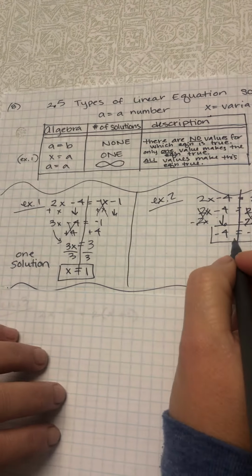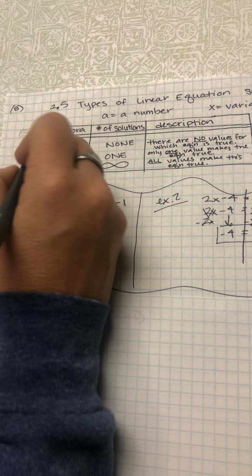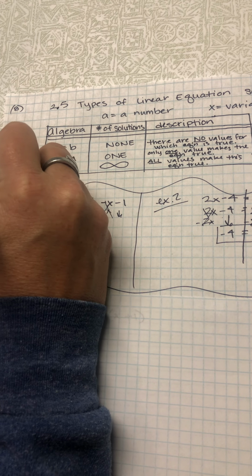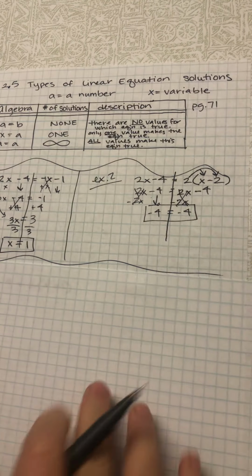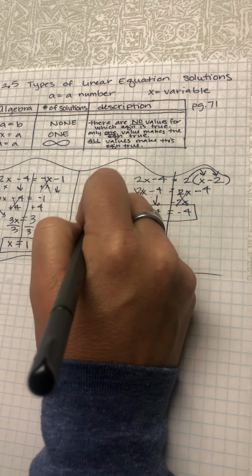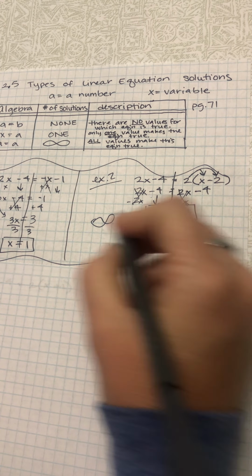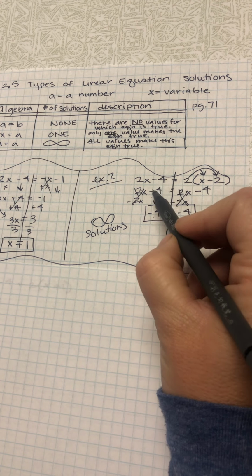This is an example of this last one where you get the same number on both sides. So I'm going to put in small parentheses, example 2. Example 2. Because I have infinitely a number of solutions. I can put any number in here for x, right? Because it's on both sides.